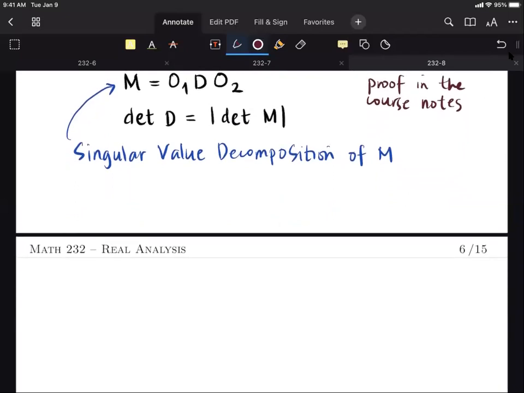So from this, we now prove our main theorem.